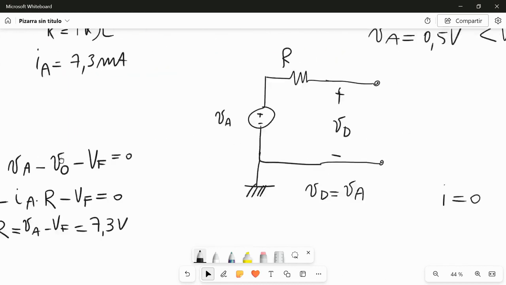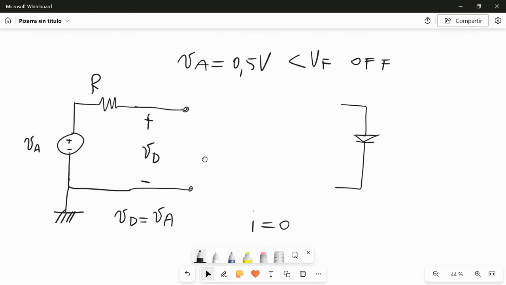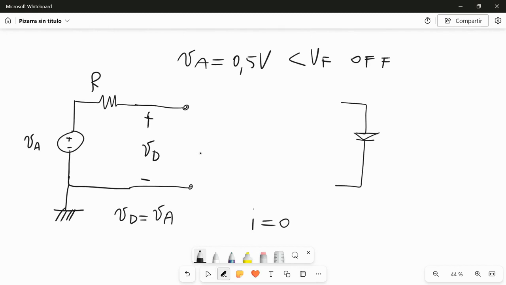So, in this case, everything is much simpler. In this mesh, we have that VD is actually equal to VA. That is, VD is equal to 0.5 volt here. And the current is 0.